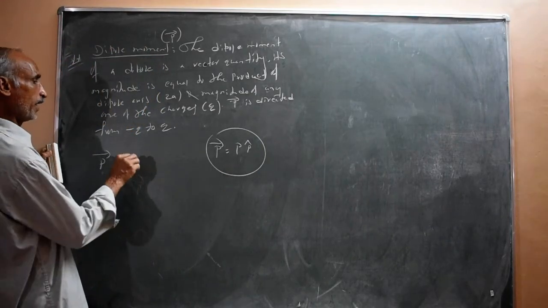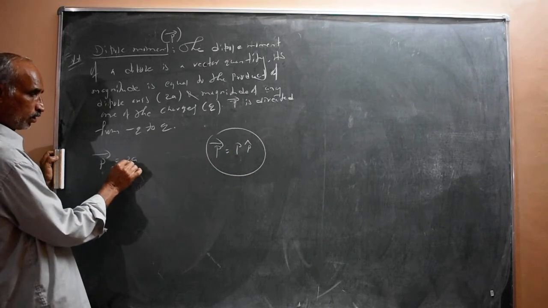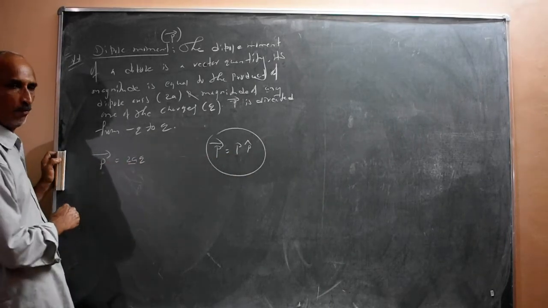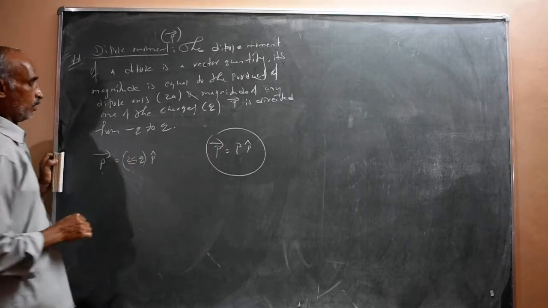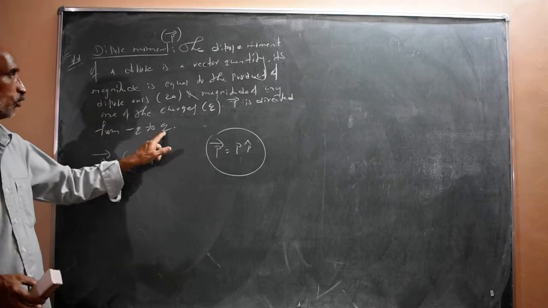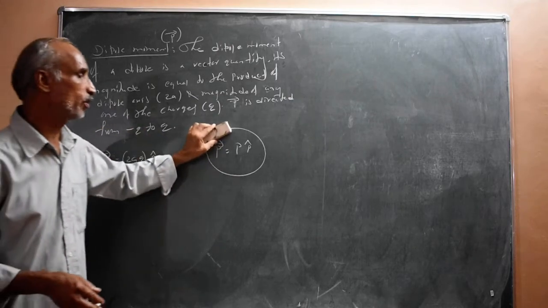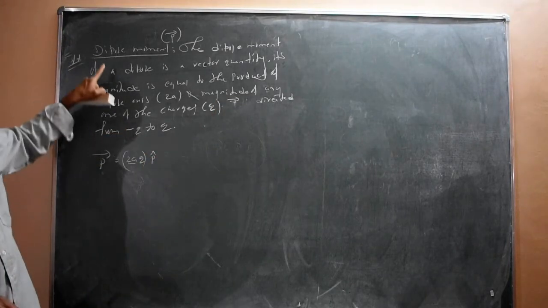What is the p magnitude? P stands for magnitude, which is the product 2a into q, and the unit vector is p cap. Therefore, the direction of p bar is from minus q to plus q, where p cap is the unit vector in the direction of p bar.